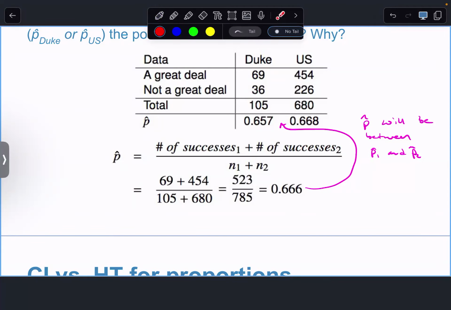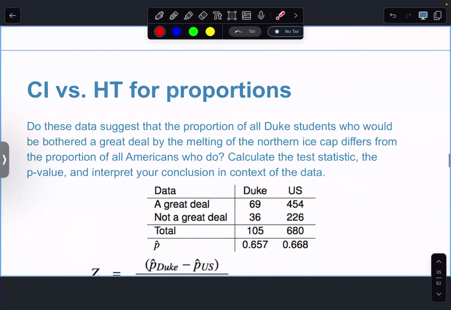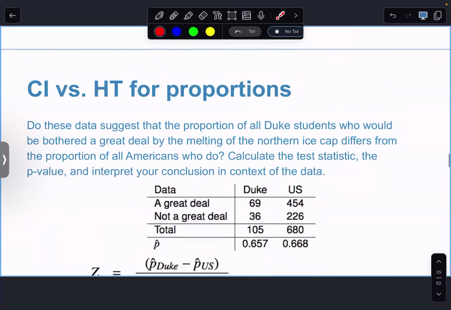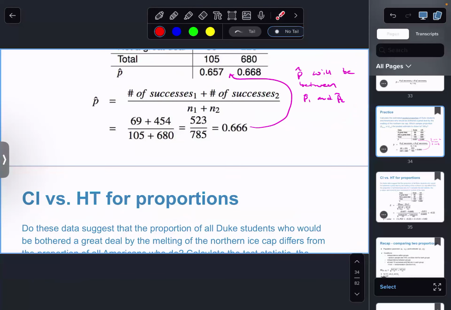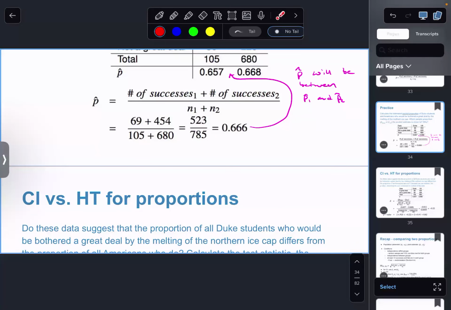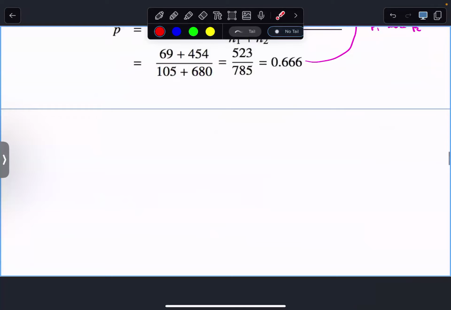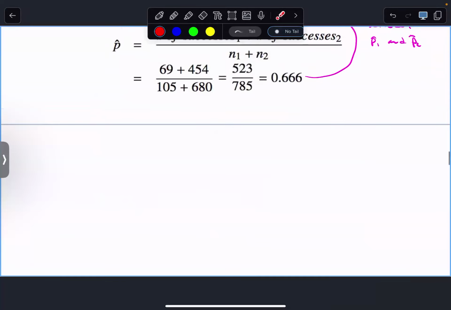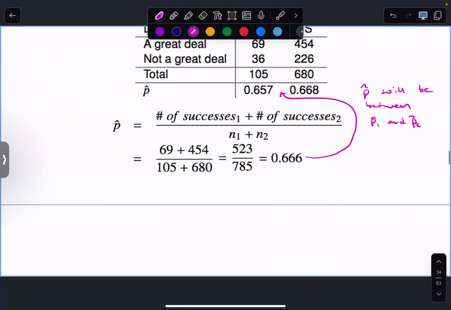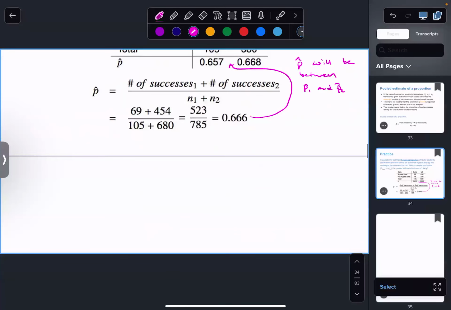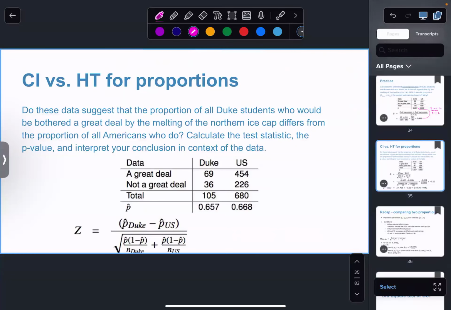Okay. We didn't check the conditions. Add a page here. Actually, you know what? I'm not going to add a page. I'm just going to sneak that slide in from before.